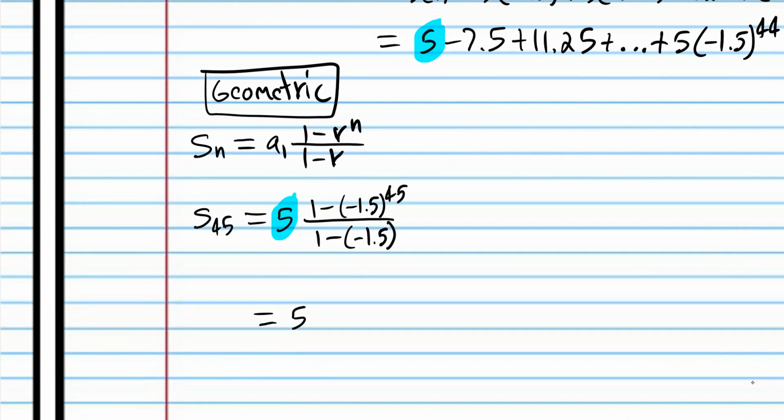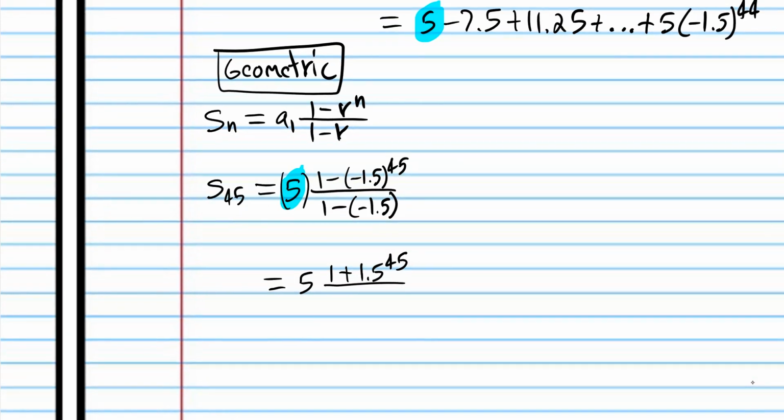There may not be much that we can do. If you want, you can recognize that we're raising a negative to an odd power, so it's going to end up being negative, and then you're going to subtract a negative, so it's going to become positive. You don't have to do that. If that confuses you, that's okay. You can just leave it in that form, but technically you can get rid of those negatives. And in the bottom we have 1 plus 1.5, which is 2.5.